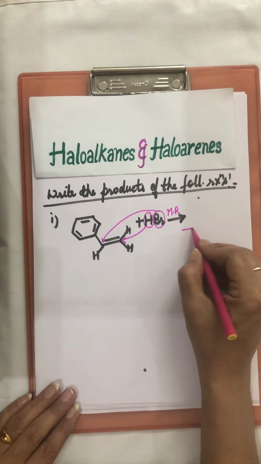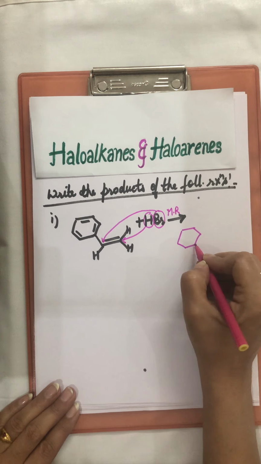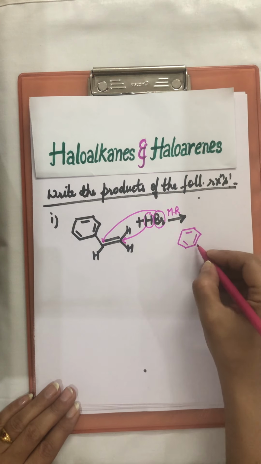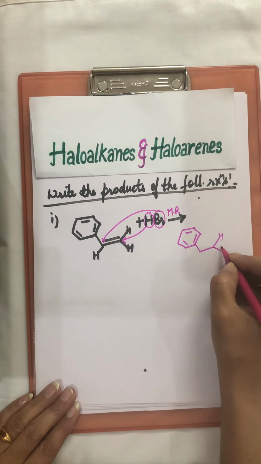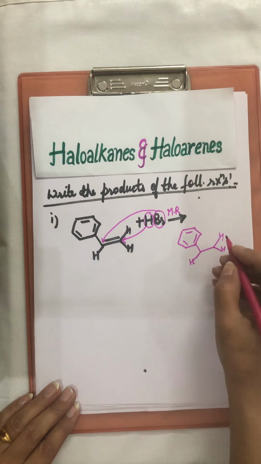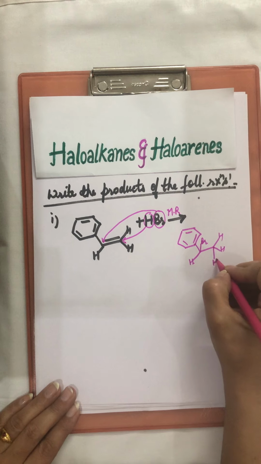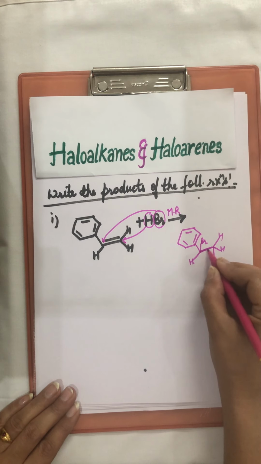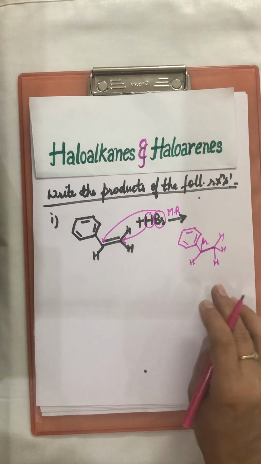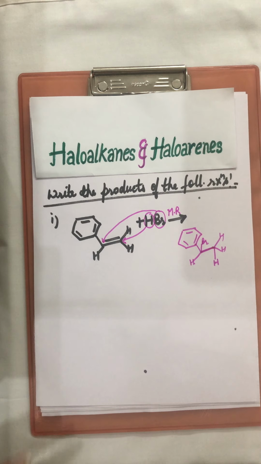So when we add Br this side and hydrogen here, the double bond will change to single. This will be the product.